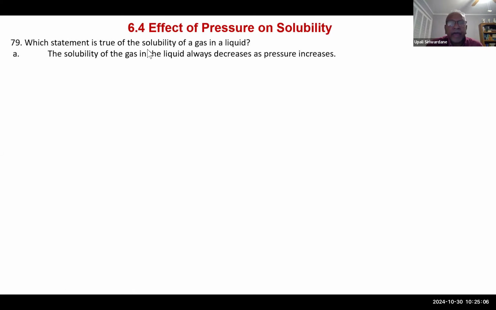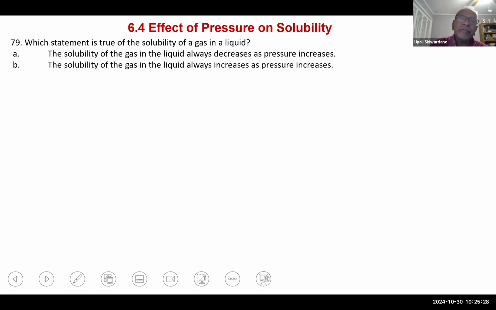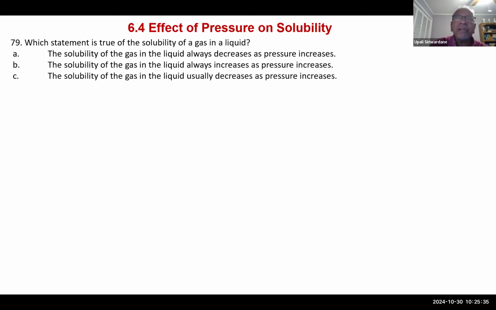Solubility of a gas always decreases as pressure increases? Not a true statement. Solubility of a gas in a liquid always increases as the pressure increases.